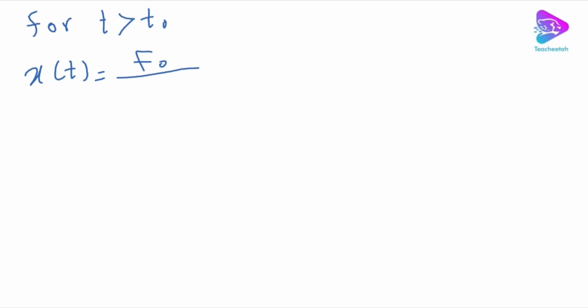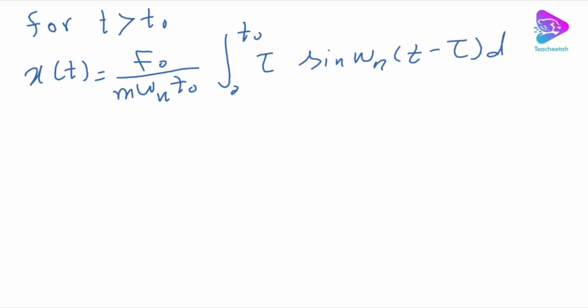It's pretty simple. Basically, for t greater than t naught, we have x(t) equal to F naught over m omega n t naught, integrating from 0 to t naught, and then we have only tau sine omega n (t minus tau) d tau.